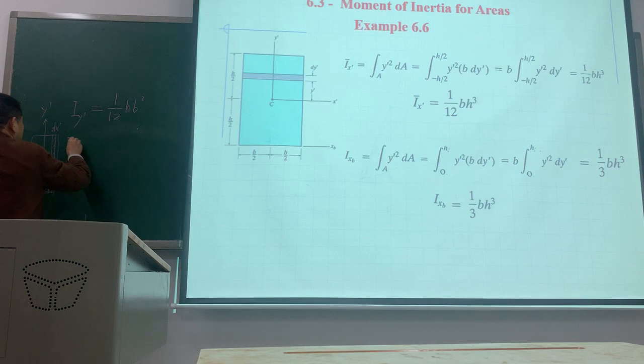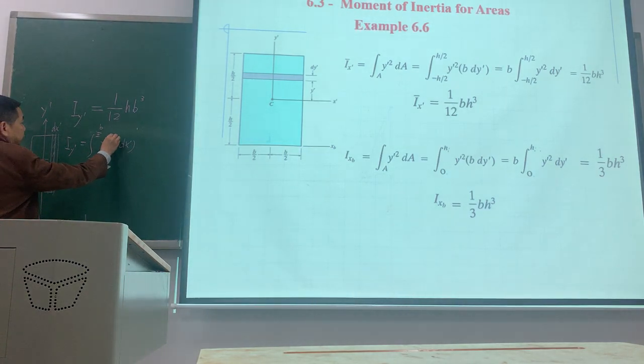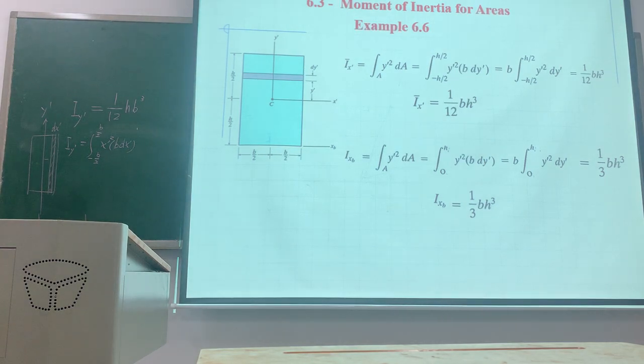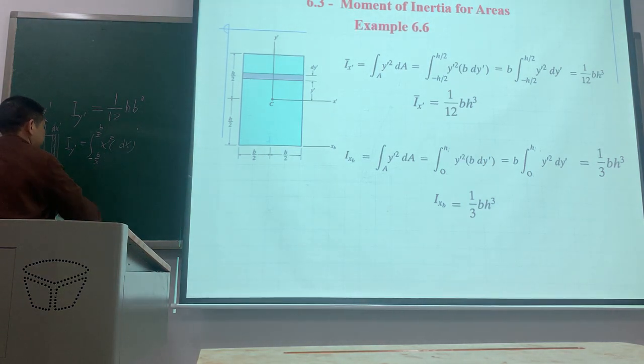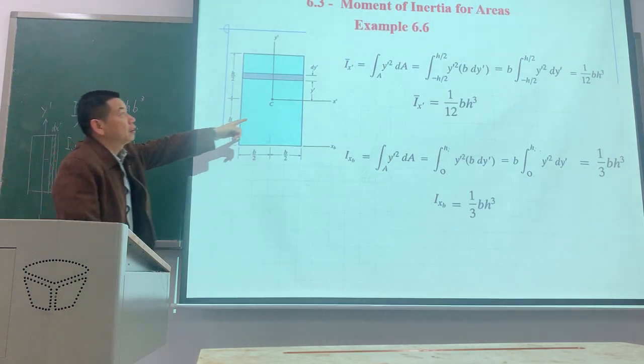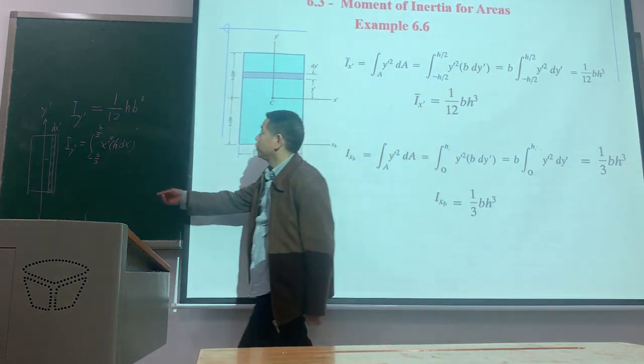Integration of y prime squared dx prime gives h times x prime cubed. Oh, it's h. Yes. So by the same way it is the same.